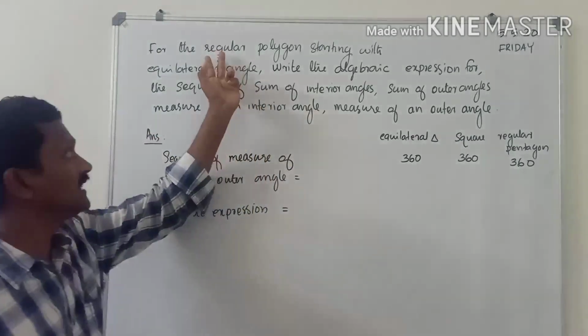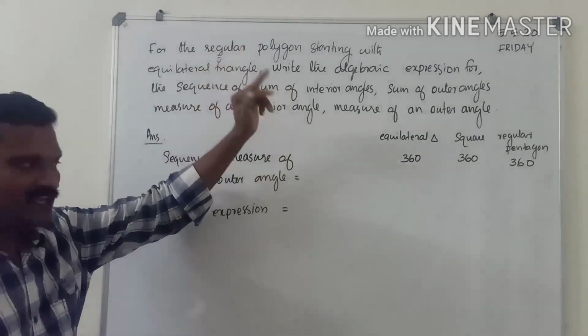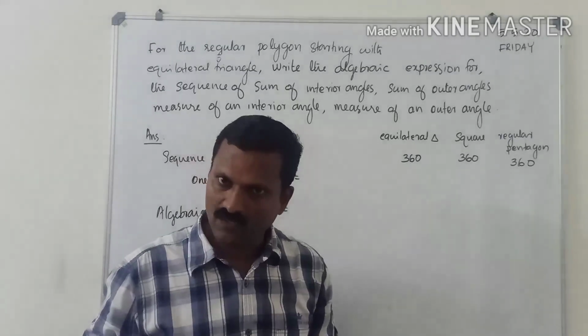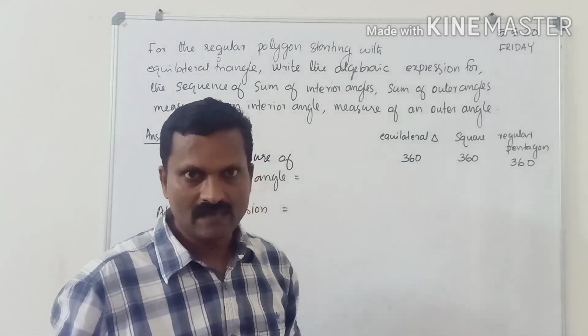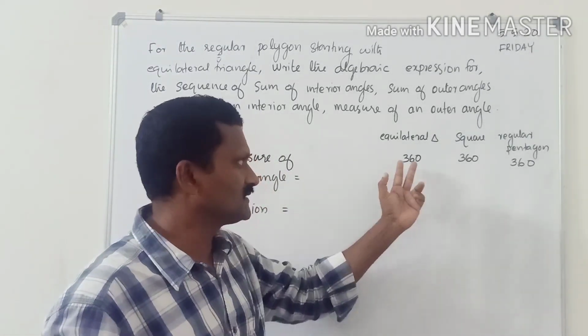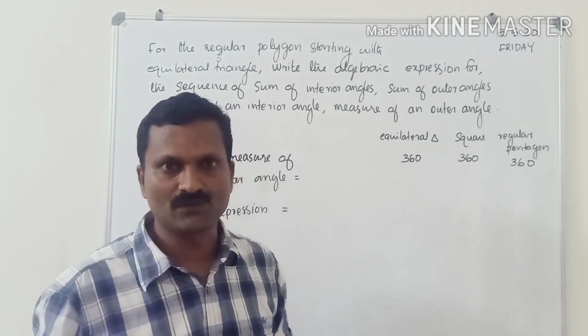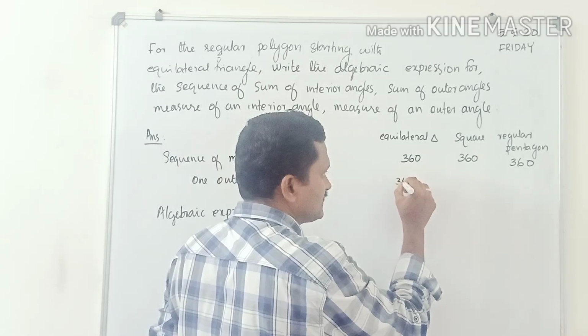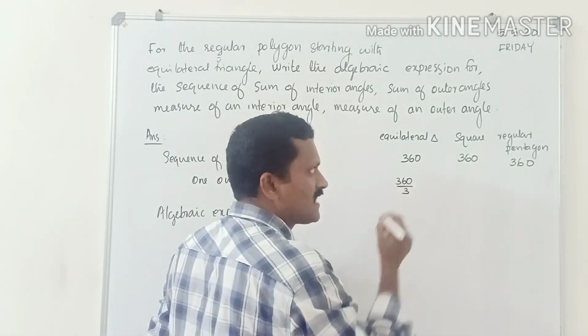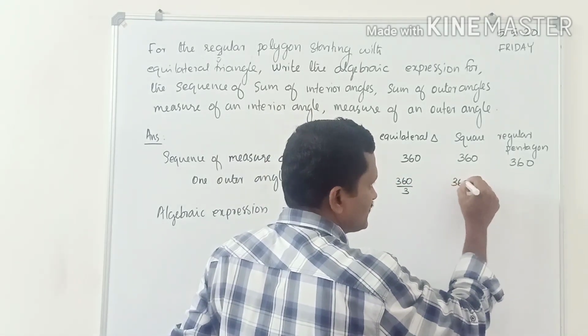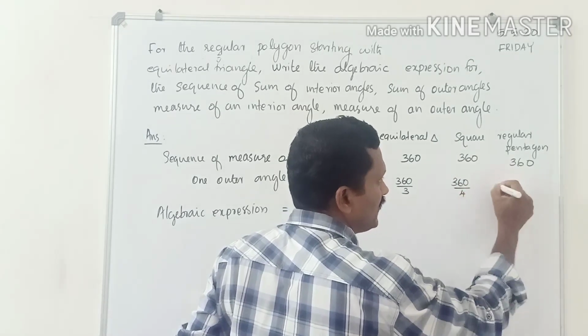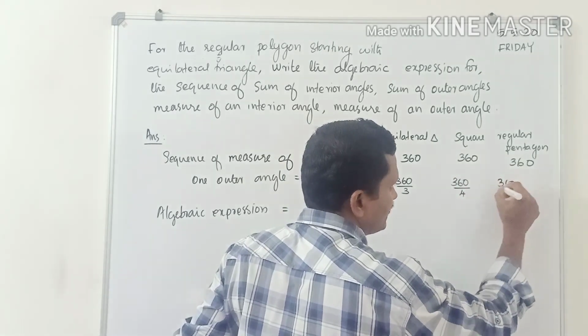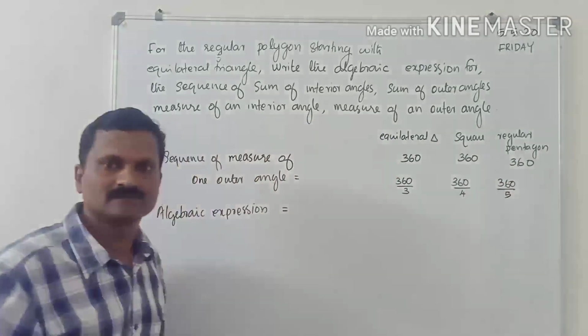Since it is a regular polygon, each outer angles are equal and each angle equal to 360 divided by number of sides. That is, in equilateral triangle 360 divided by 3, in square 360 divided by 4, in pentagon 360 divided by 5.